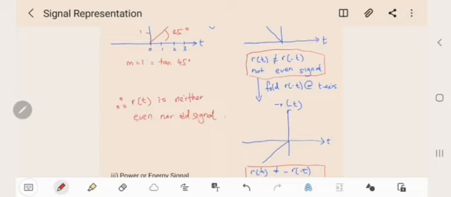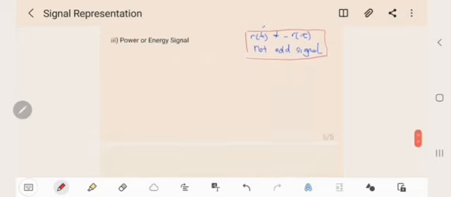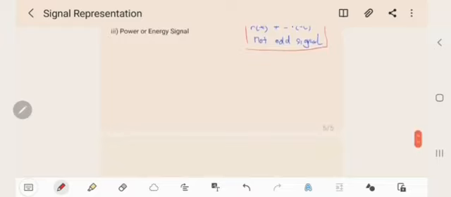Now we want to determine the power and energy, whether this ramp signal is a power or energy signal. How do we determine that?